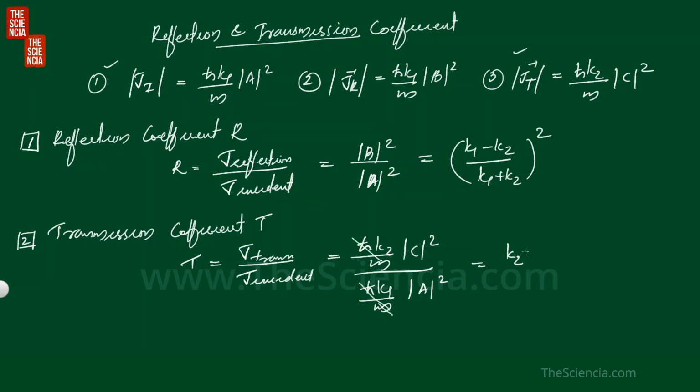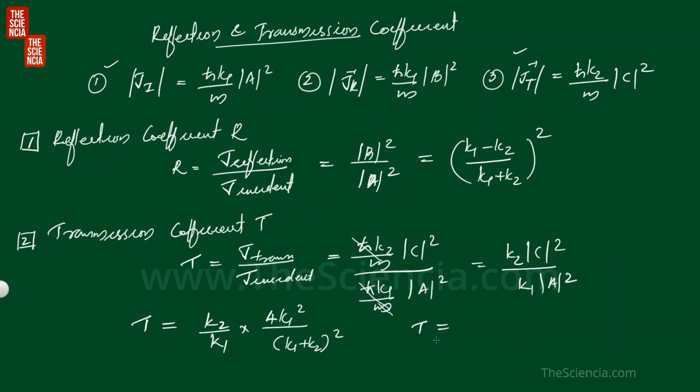So we get k2 mod c square by k1 mod a square. Earlier we found the value of c by a, so substituting it, the transmission coefficient T is equal to k2 by k1 into 4 k1 square by k1 plus k2 all square. That is, T is equal to 4 k1 k2 by k1 plus k2 all square.